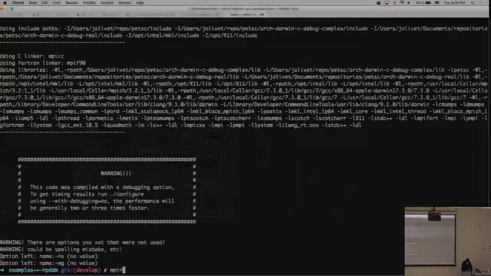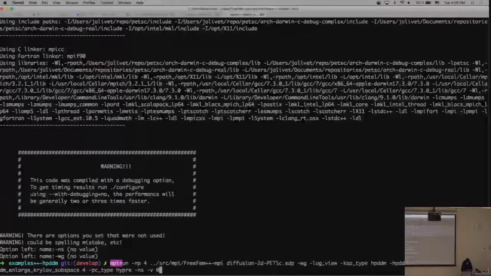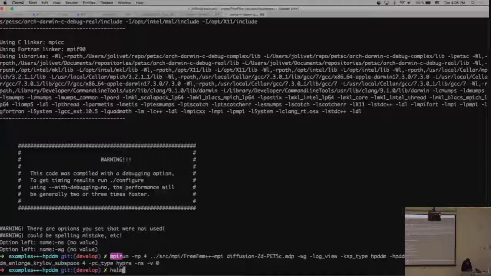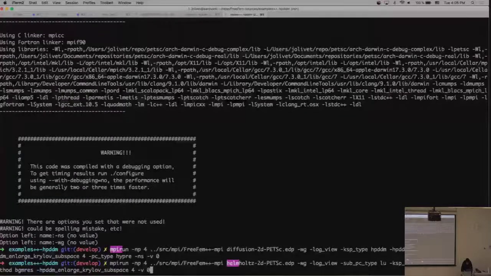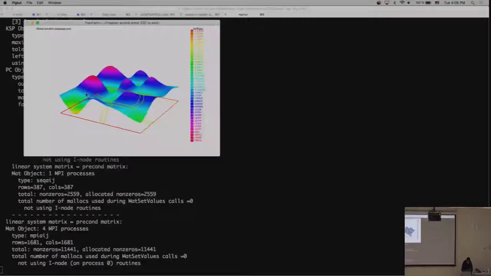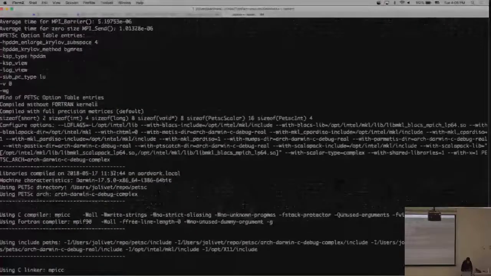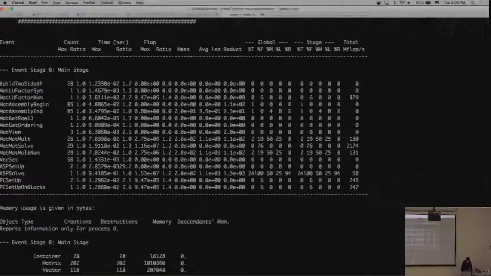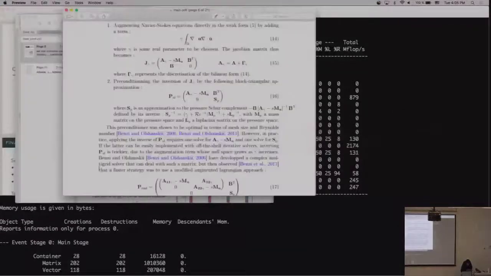But next you can do enlarged Krylov, and for this kind of problem, it can work quite well. And so now the solution is the same. And I'm calling the MatMatMult and the MatMatSolve, so it is handled efficiently, and we can see that we are only doing 28 iterations instead of 80 iterations. So it's working quite well.